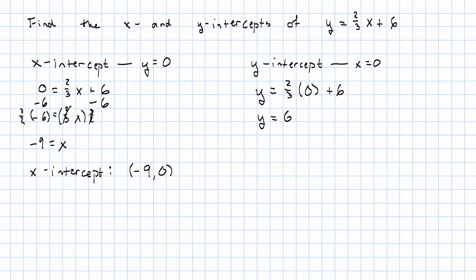We have y equals 6. So our y-intercept is the point x is 0, y is 6. That's all there is to finding the x and y intercepts.